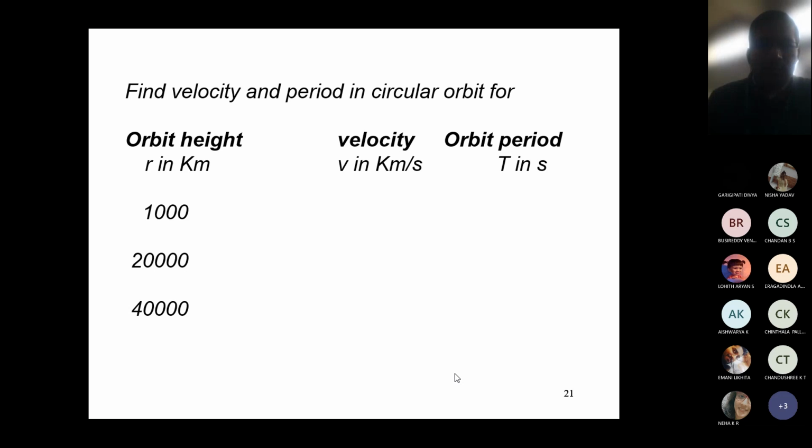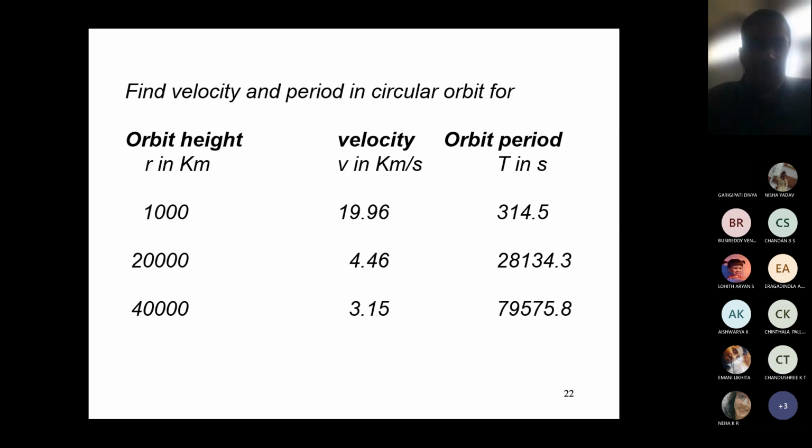And I asked you to find out the velocity. So this you can find by using the third law of Kepler, or third law of orbital motion, planetary motion. So using that, if you find, then you will get the values of the velocity like this.